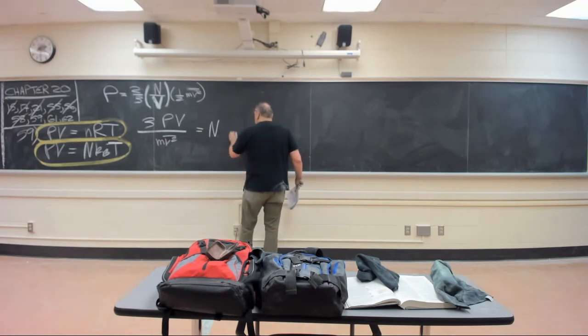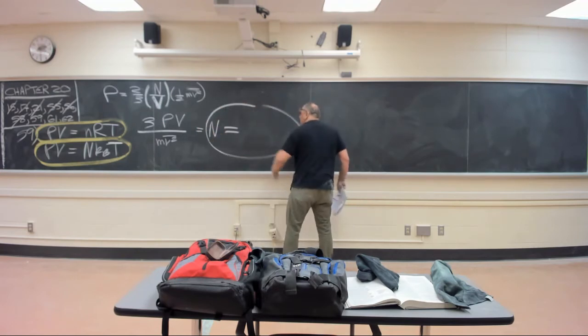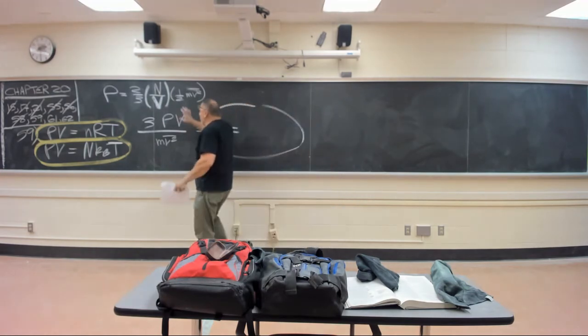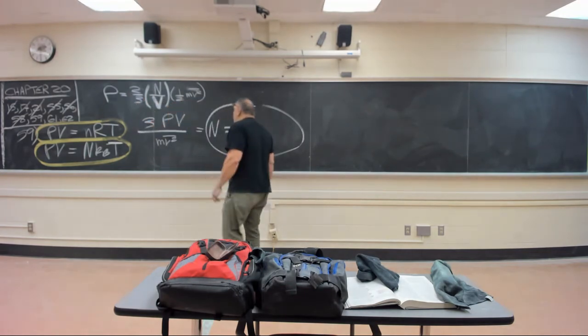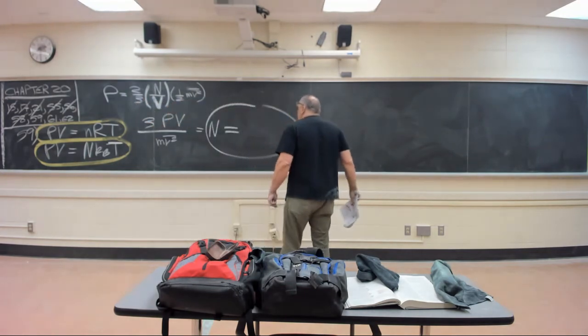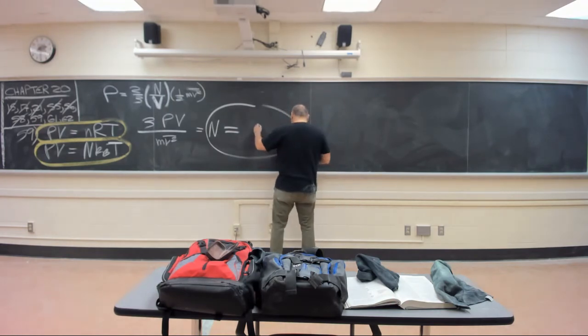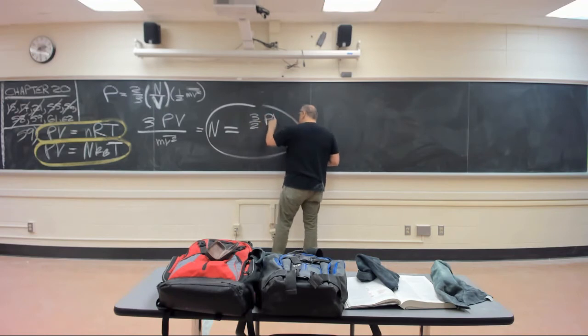Perhaps it's a little more intuitive. This is true, nothing wrong with this. Perhaps it's a little more intuitive if you'd have just kept it as is and said, let me multiply by v on each side, and then multiply by 3 halves. So this 3 halves PV is pretty significant.